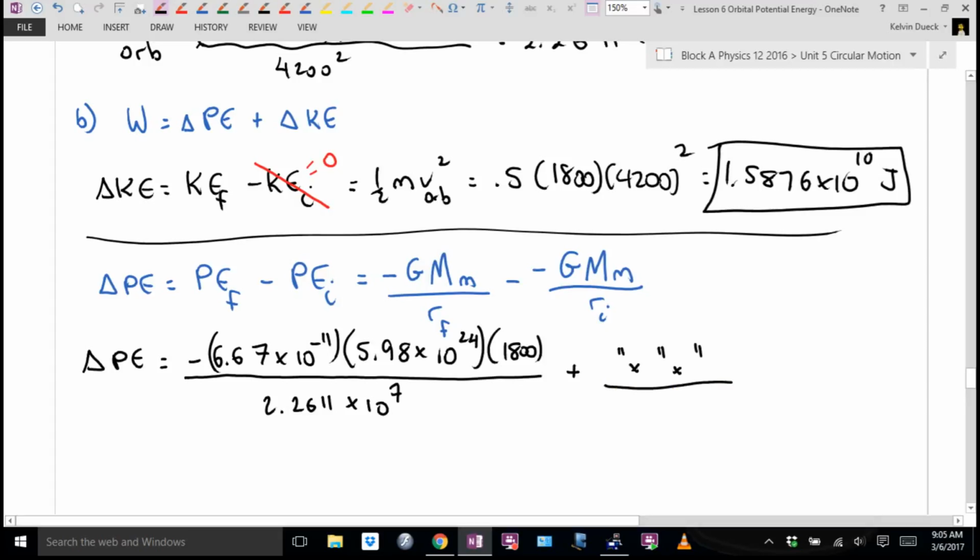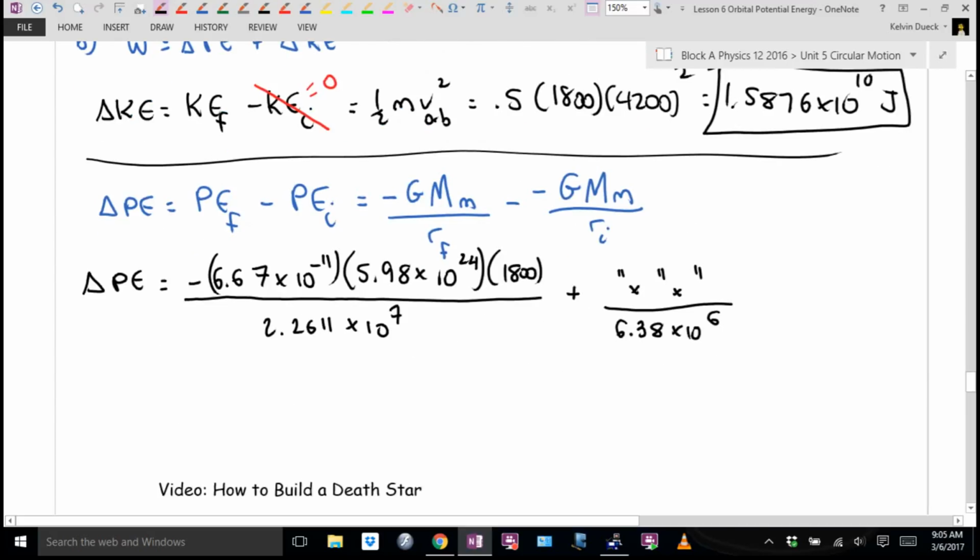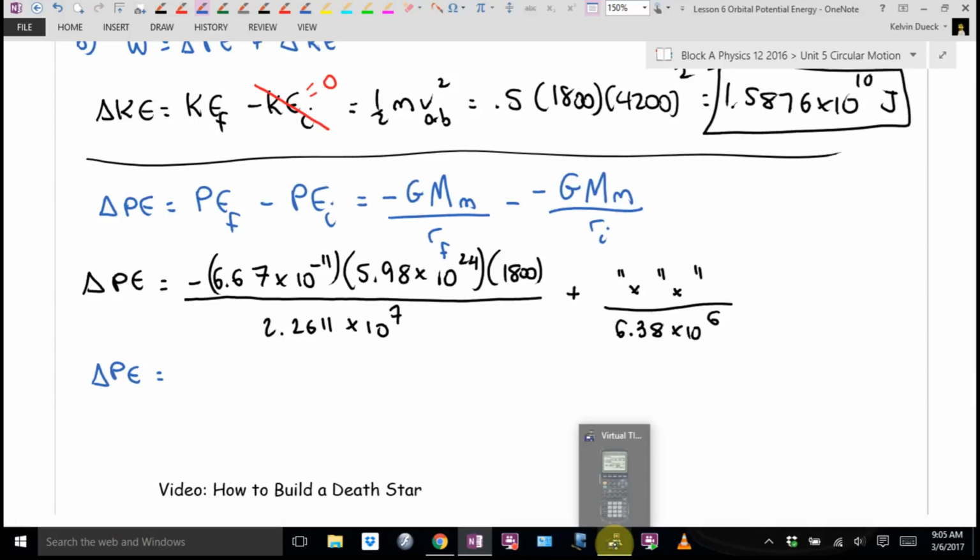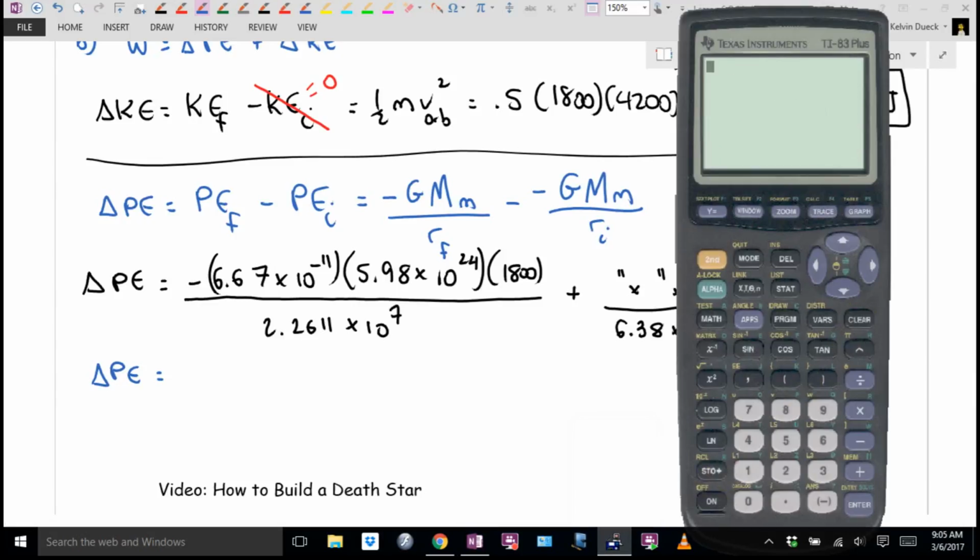Divided by, now our initial radius, we're taking off from the surface of the Earth, so it's going to be 6.38 times 10 to the 6th. Get out your calculators, everybody. Remember, we're not going to do this all in one fell swoop.